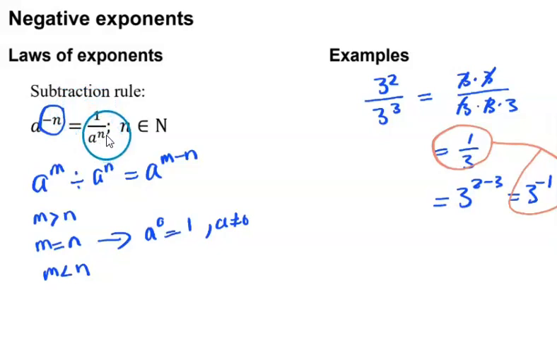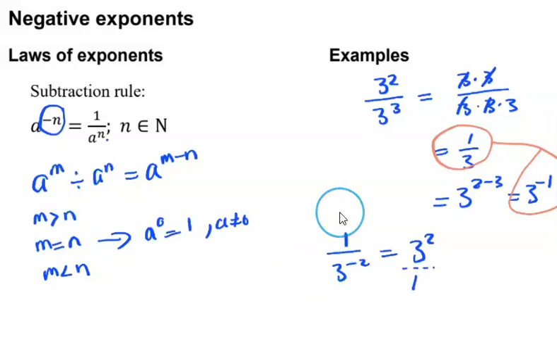And vice versa, if the negative was below there, if we have 1 over 3 to the minus 2, then we can also write it as 3 squared. It doesn't matter where the minus is, so we take it over the division line. From bottom we go to top, or in this case from top.